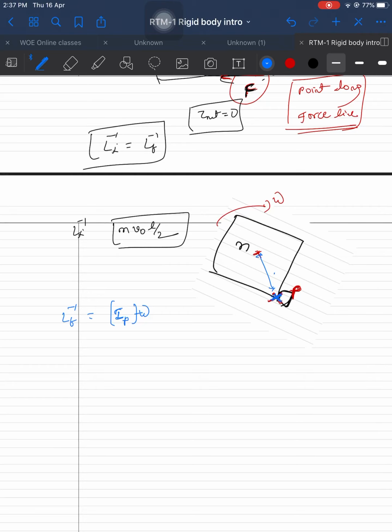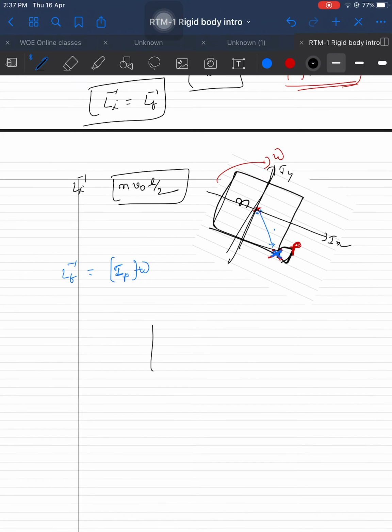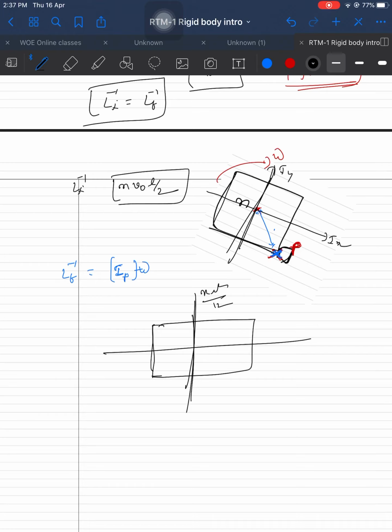Finally, how to get I about P? For a cube, taking it like a box with square section, Ix about this line is m L square by 12, and about this line also m L square by 12. About the center, Ix is equal to Iy.